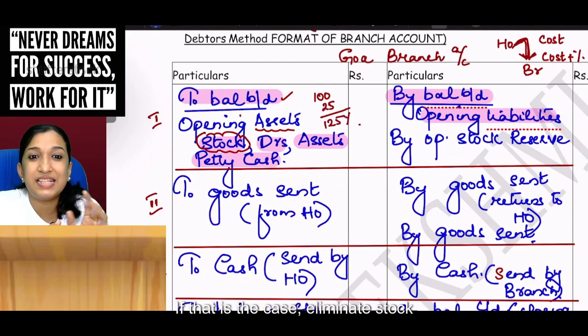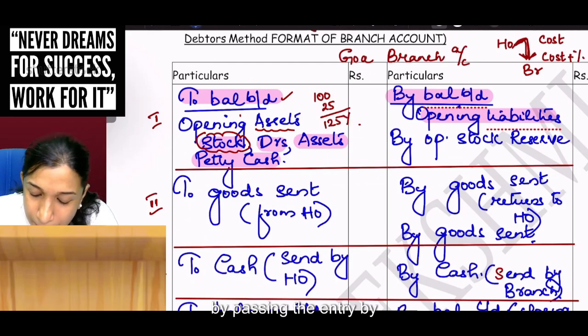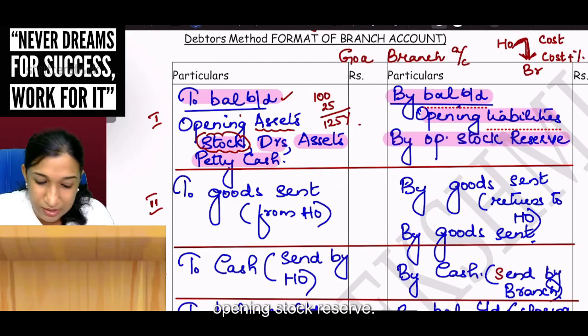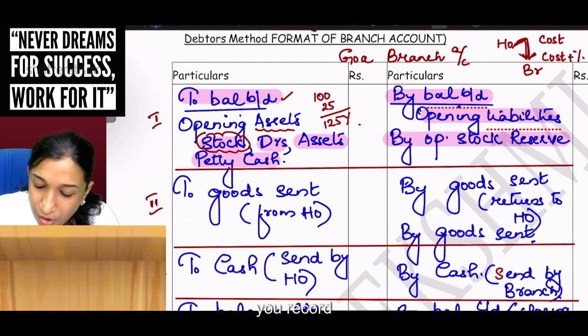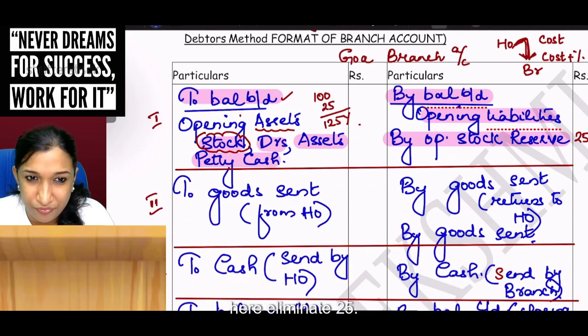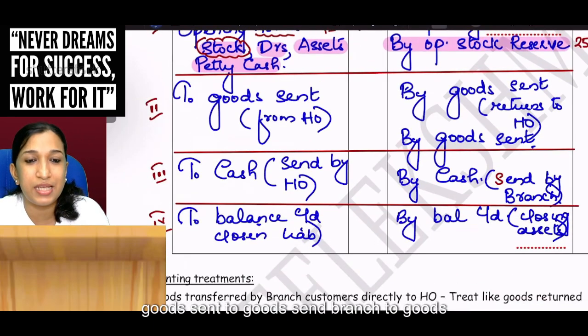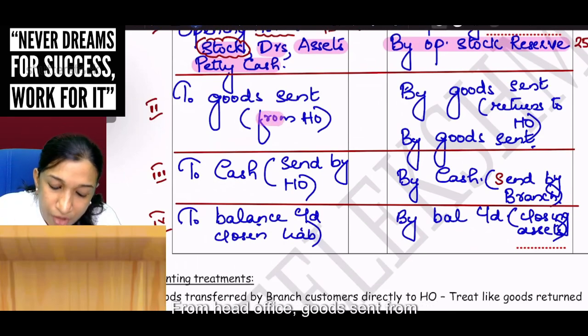If that is the case, eliminate the stock reserve by passing the entry by opening stock reserve. So here, if the stock is at 125, you record 25 here. Eliminate 25.